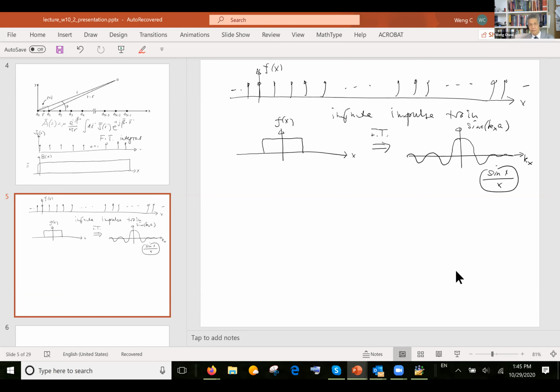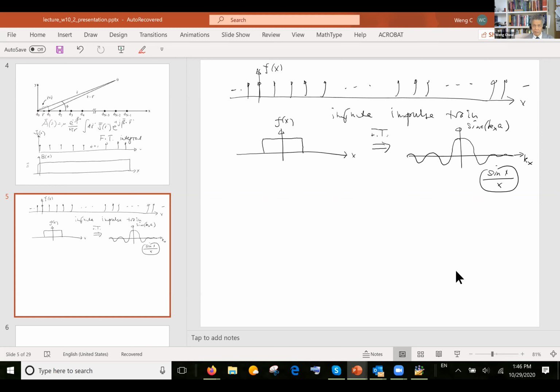Okay? But what is the Fourier transform of an infinite impulse train? Anybody knows? So when we start to widen that rectangular pulse to infinity, the Fourier transform starts shrinking to one small pulse and becomes a delta function, I guess. Mm-hmm.